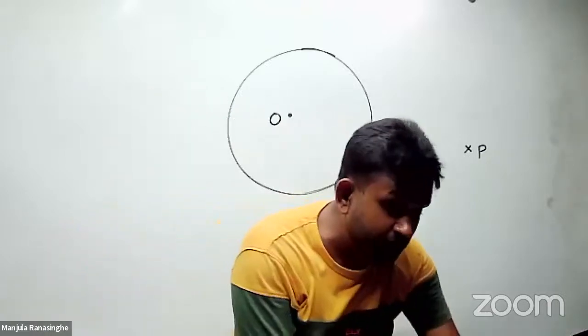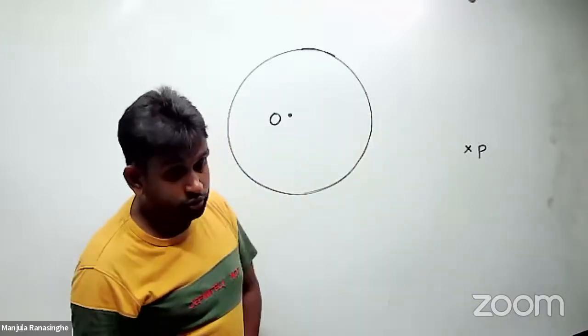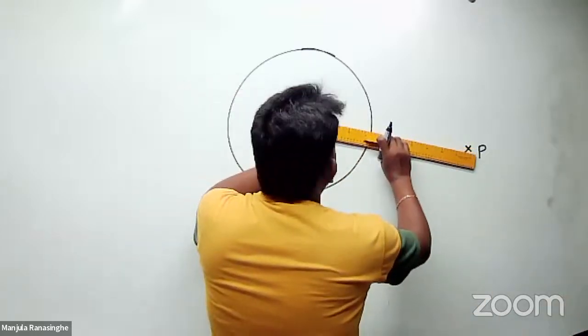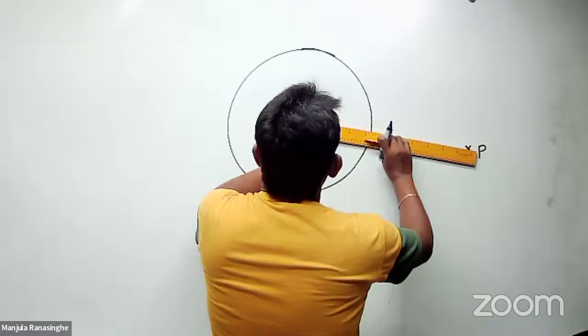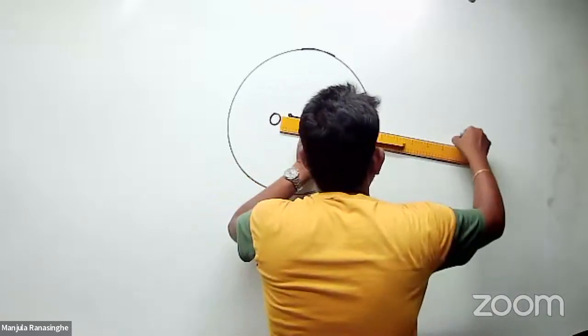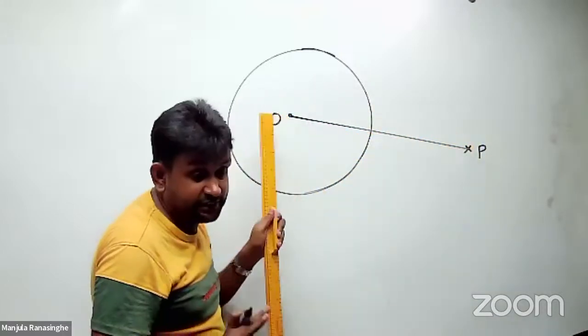So first step, connect this P and O. The external point and the center are connected first.